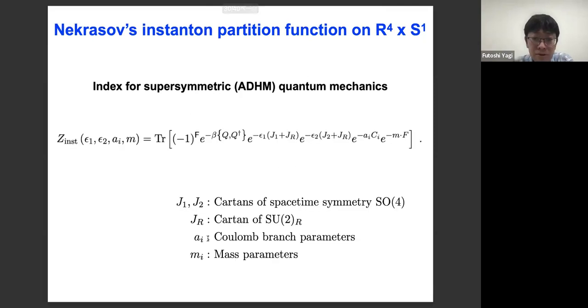Also, unlike the usual gauge theory, we need to introduce epsilon1, epsilon2, which are fugacities related to space rotation. J1, J2 is a space-time rotation, and together with the SU(2)_R rotation, we also introduce epsilon2 when we compute the instanton partition function.